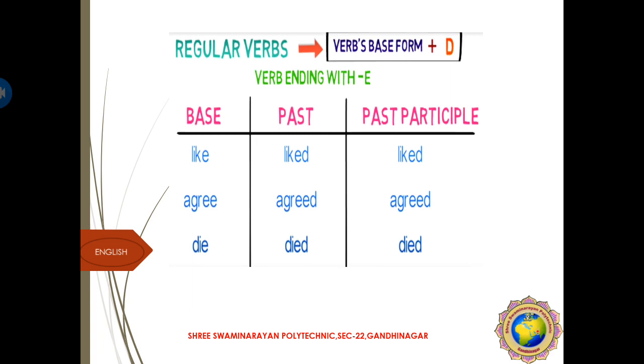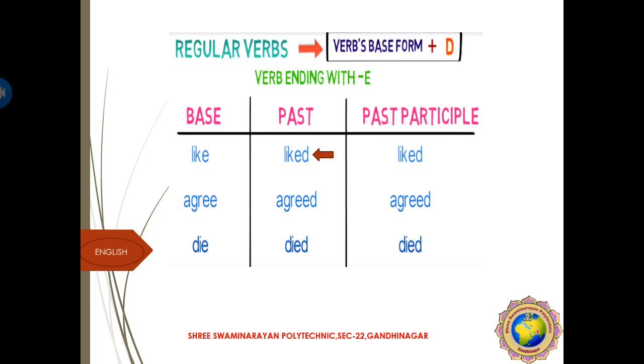First of all is the regular verb, base form plus d. It means here we add only d after the base form of the verb, for verbs ending with e. So I say the base form is like, then I add only d. It is formed as liked. So its past form is liked and its past participle form is liked.